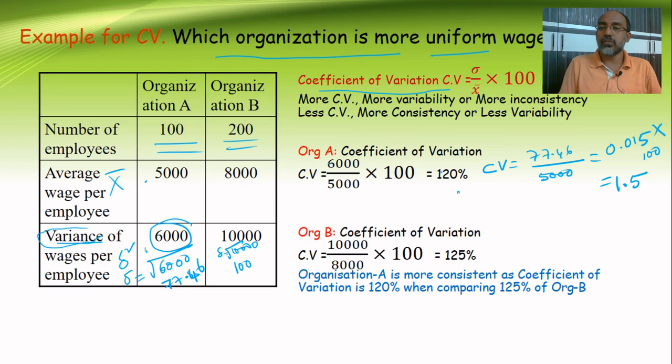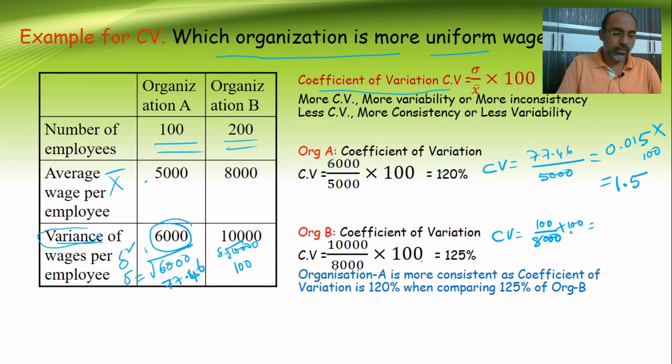Your duty is very simple: you simply find which is the lesser number, that is only your duty. For organization B, CV is equal to 100 divided by 8,000 into 100, as we calculated earlier also.